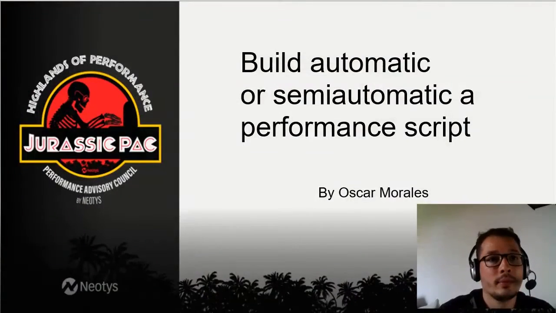Hello guys, my name is Oscar Morales. I am a performance architect in Choker testing. In this demo, we review the ingredients you need for reusing the automation script designed in Selenium as input to a new performance script.